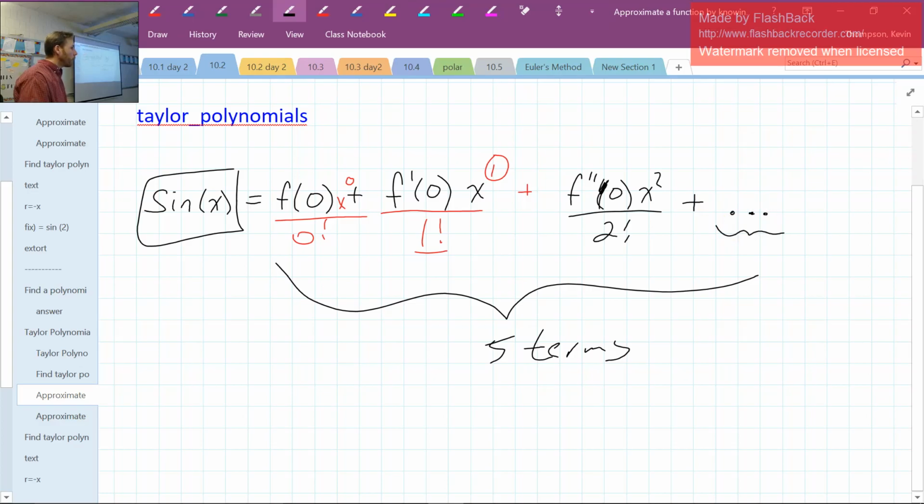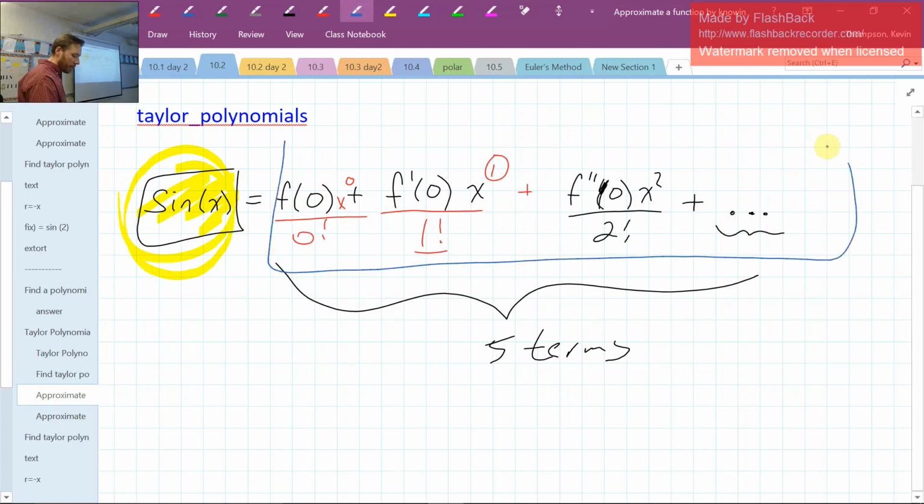What I'm saying is that the sine function, this curve that we're used to thinking about with the unit circle and what the period is and how it behaves, that definitely non-polynomial thing is equal to this infinite polynomial.